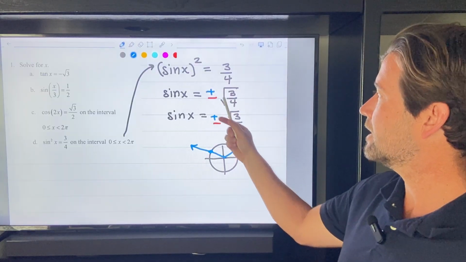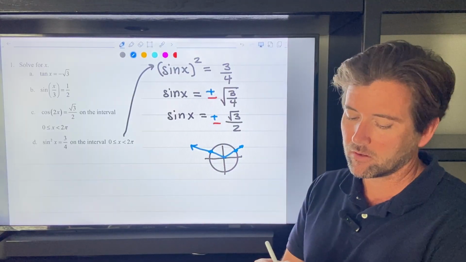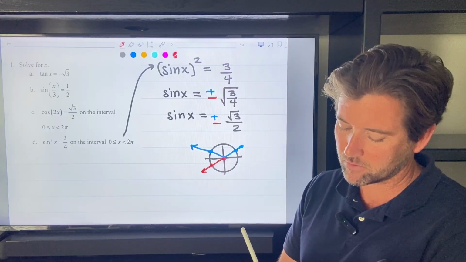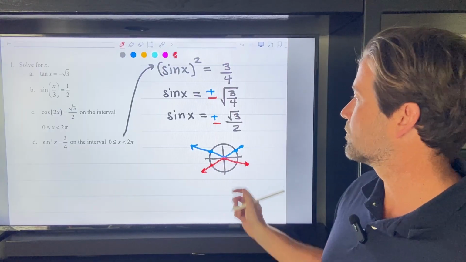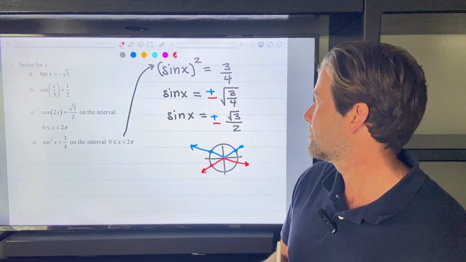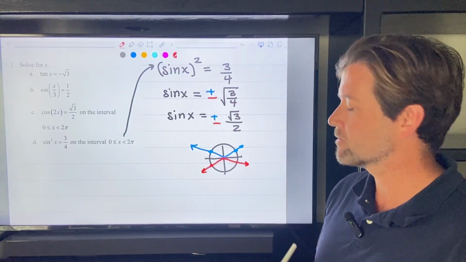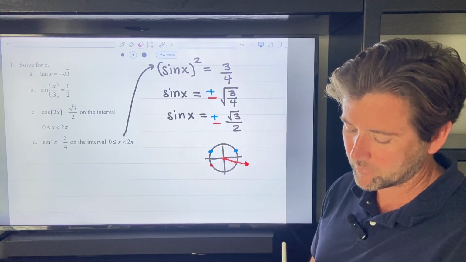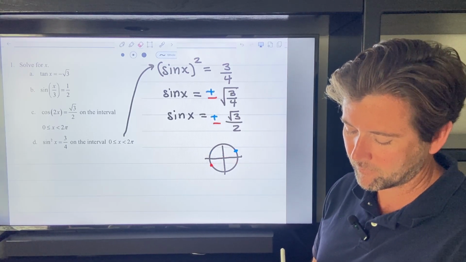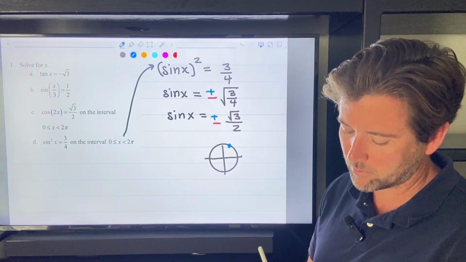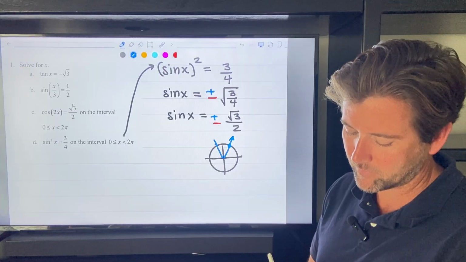So if you didn't have the negative here, then you would have excluded these solutions in the third and fourth quadrant. Okay, so my y value should be root 3/2. Technically, this should be a little bit steeper than that. So that would be here, here.